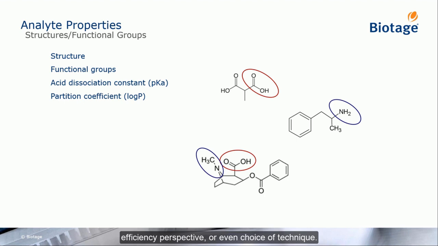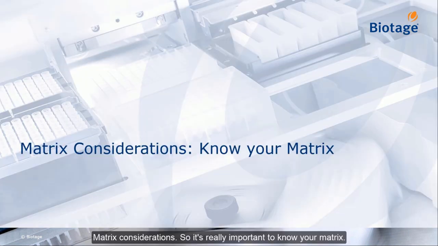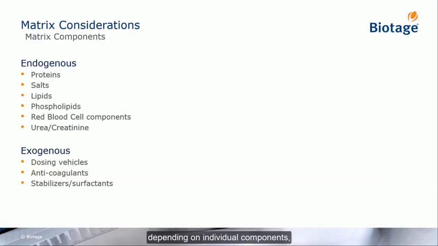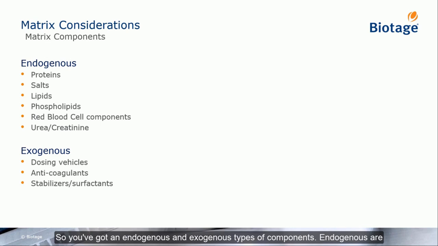Matrix considerations. So it's really important to know your matrix. You don't want to come and get your matrix blues. Terrible effects depending on individual components. You know, matrix to matrix is very, very different. So you've got endogenous and exogenous types of components.